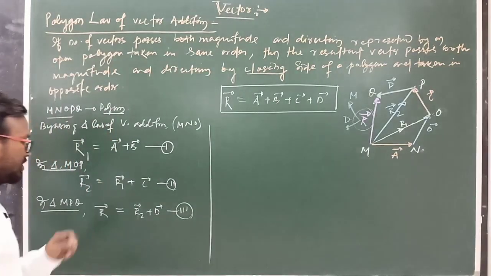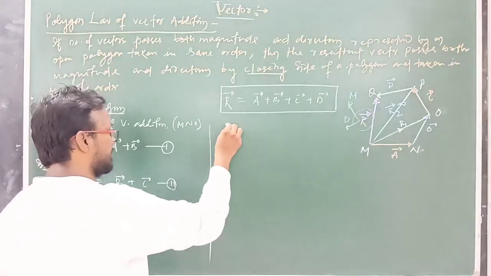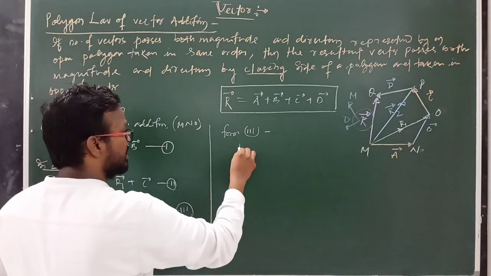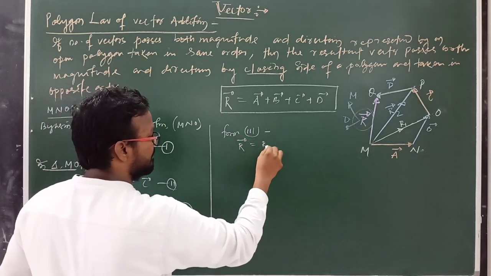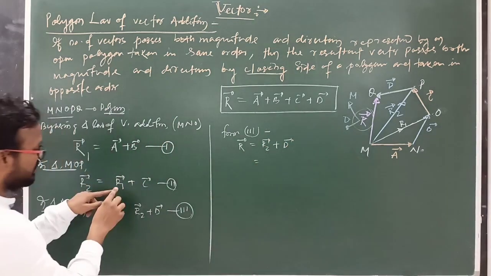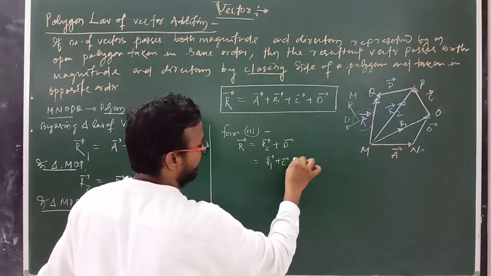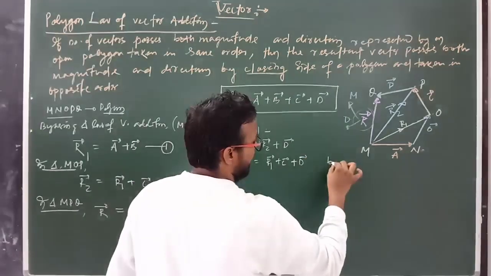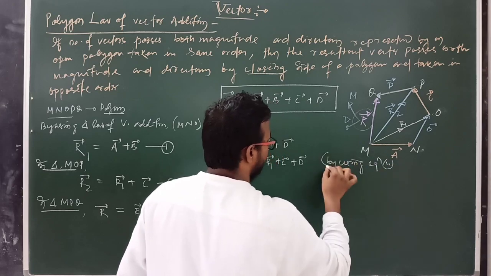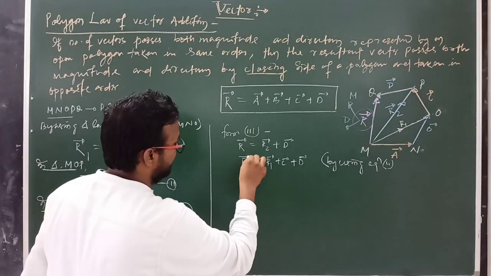Now use all the values here. From equation 3 we can write the resultant vector as R2 vector plus D vector. And what is R2? R2 is R1 plus C. So R1 vector plus C vector plus D vector, by using equation 2. Clear?